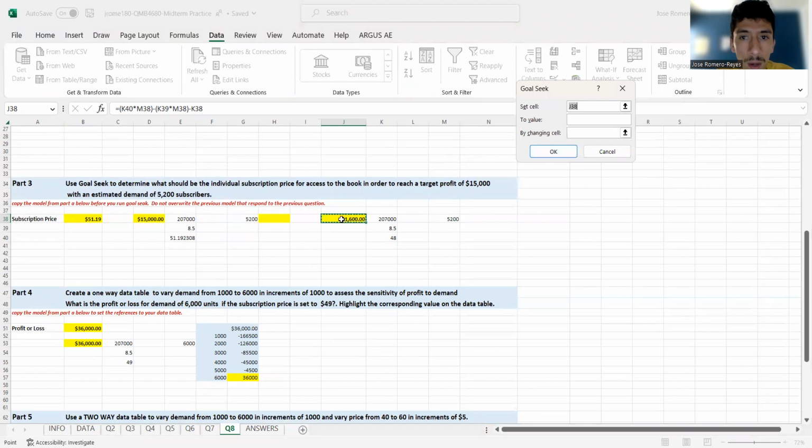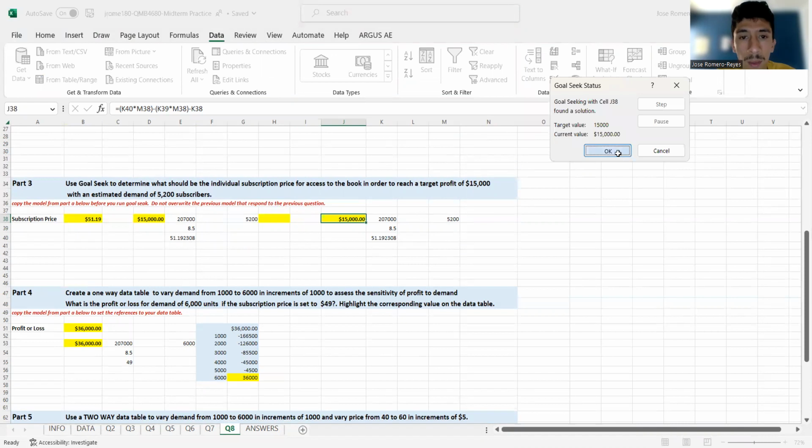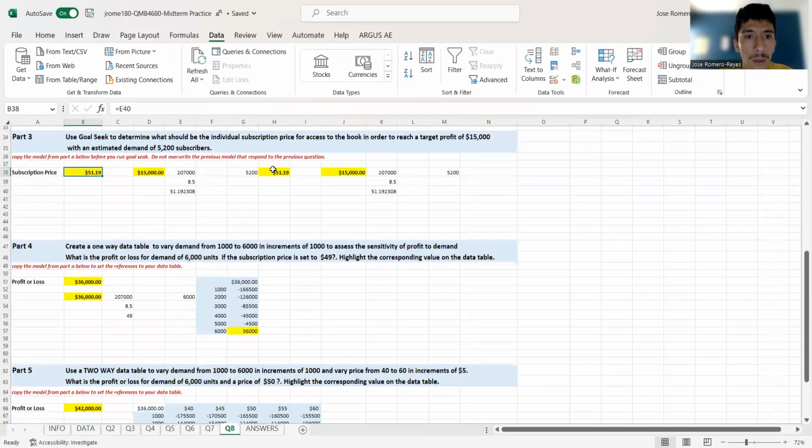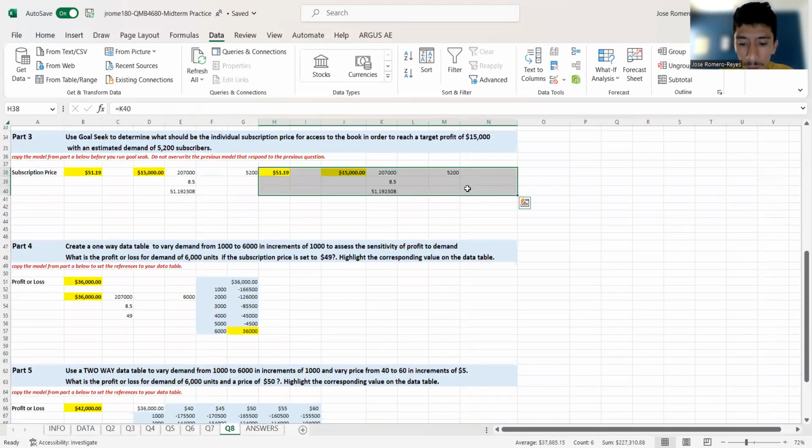We goal seek our profit to 15,000 by changing the price of the book. We got our profit to 15,000, and the price per book has to be $51.19. We check our answers, and yep, we got it right. I'm going to delete this.